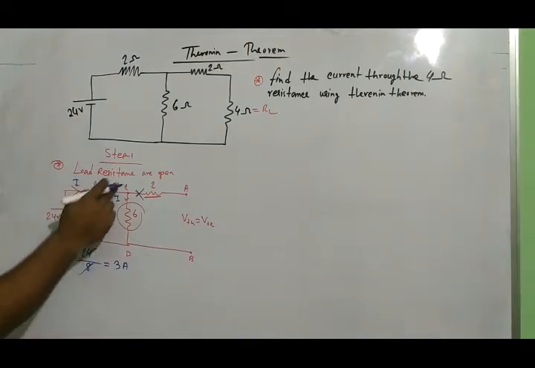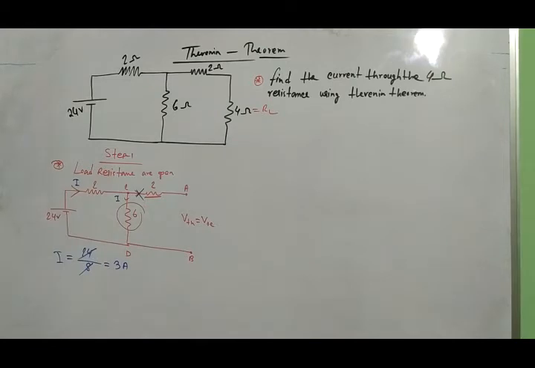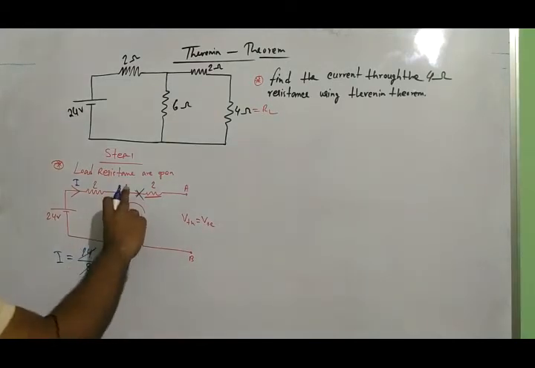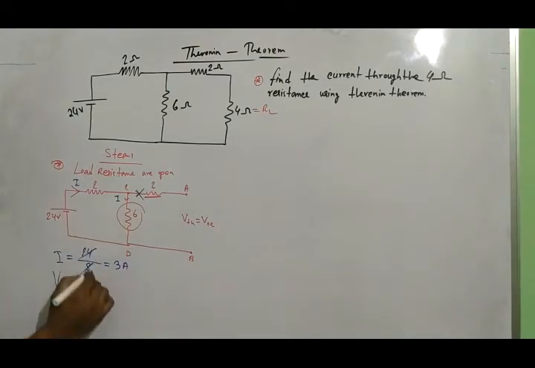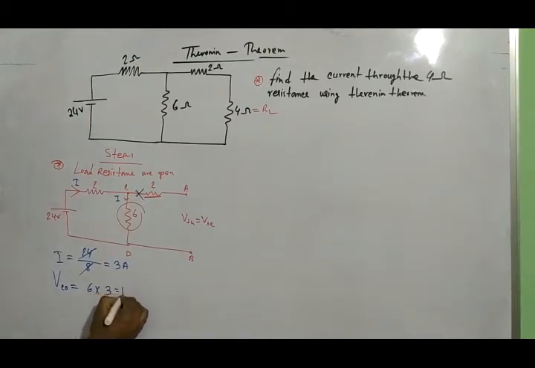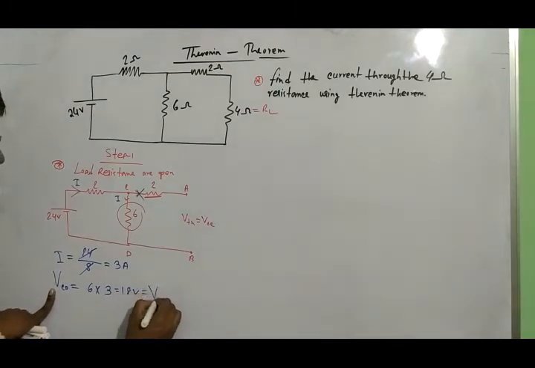The current flowing through the 6 ohm resistance is 3 ampere. Okay. So what is the voltage across the 6 ohm resistance? VCD equals 6 into 3, I into R, which is 18 volt. This VCD equals VAB.